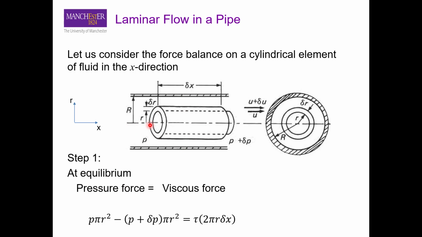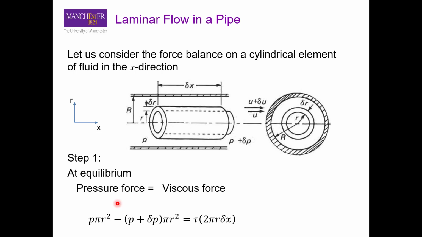The fluid is moving because we are applying a pressure force, and we have an equal and opposite force that is due to the viscous forces. It means that the shear between the layers, or the friction between the layers, wants to stop the fluid, while the pressure is the force that wants to move the fluid. Okay, so if the system is at equilibrium, these two forces should be equal.